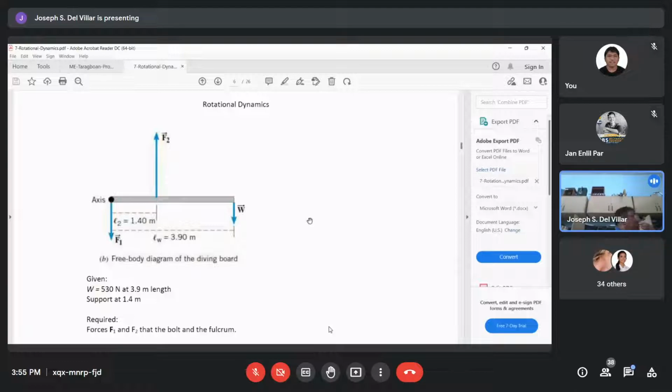Yes, sir. Whiteboard siya dyan, sir. Wala ako, eh. Baka sa mga chok dyan sa supply.